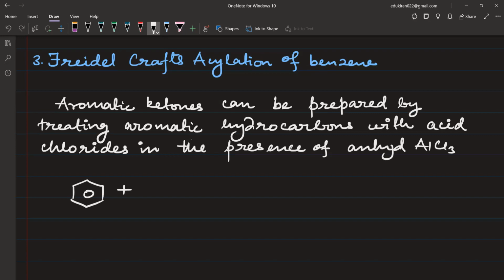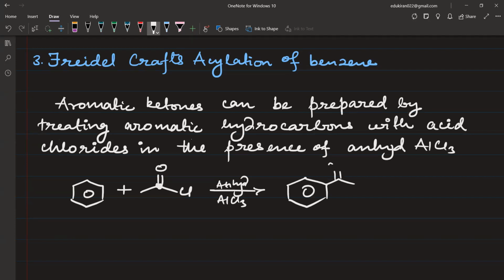Benzene ring plus acyl chloride of 2 carbon atoms. Okay. So when you have 2 carbon atoms, then with anhydrous AlCl3, this will be attached on the benzene ring, C double bond O, CH3.